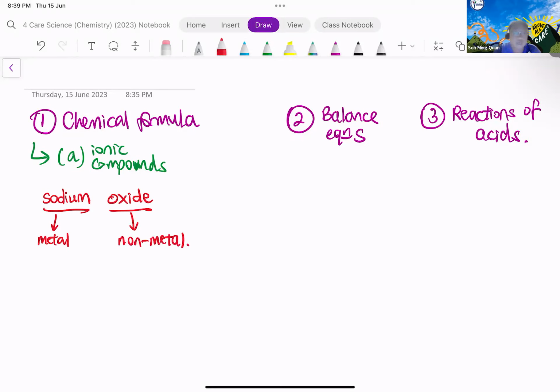Okay. Now let's refresh a little bit. How would you know that something is a metal just based on its name? Well, if you know it's sodium, you will look for sodium in the periodic table. In the periodic table, metals are found on the left side, whereas non-metals are found on the right side.